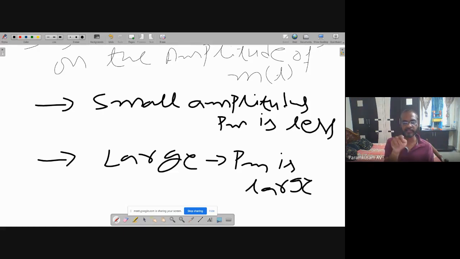Because the signal to noise ratio is the ratio of signal power to noise power. The noise power is constant irrespective of the amplitude of the signal, but the signal power varies according to the amplitude. So SNR is varied. But in general, for any communication, the signal to noise ratio should be maintained at a fixed value.